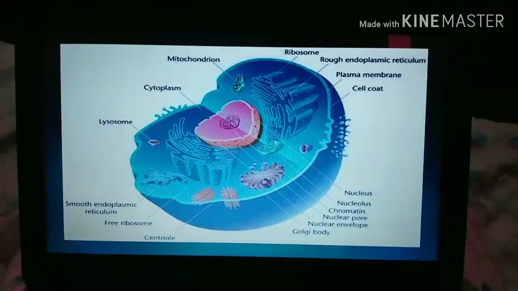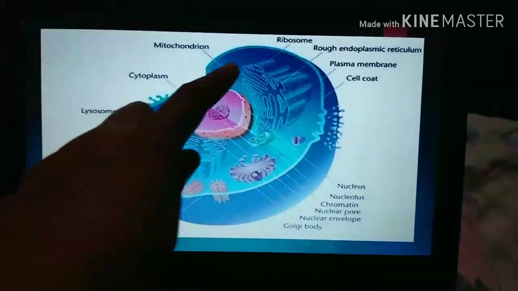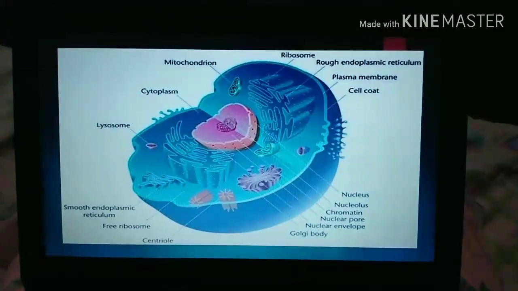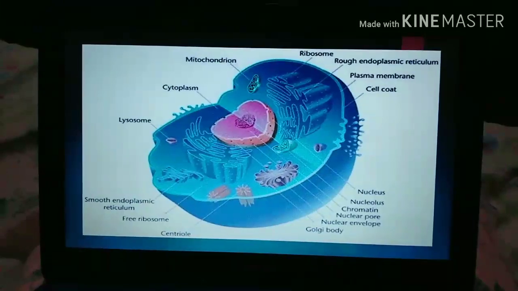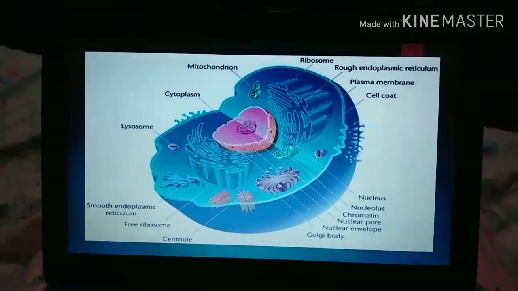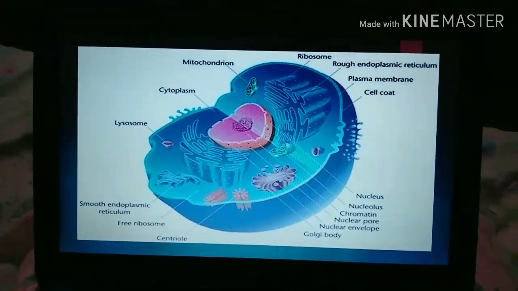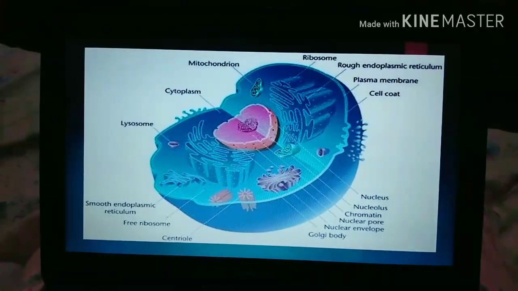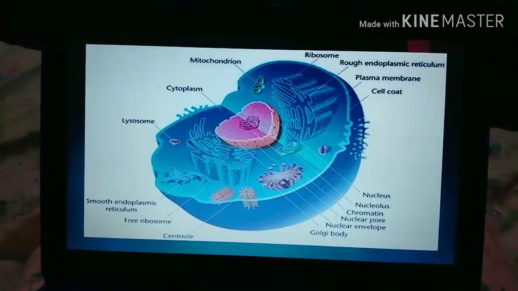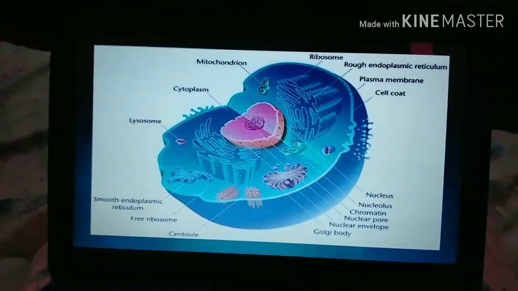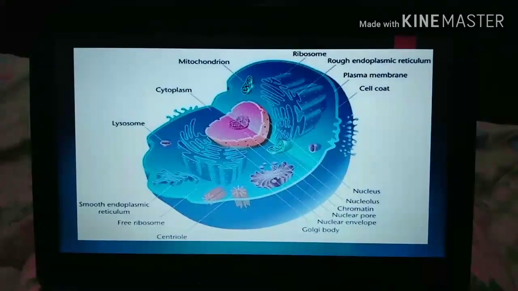Mitochondria. So the mitochondria is here, and this one also. The mitochondria is referred to as the powerhouse or energy factories for both animal and plant cells. As you've probably guessed, the mitochondria are the main sites of energy production. There is also a cell wall.